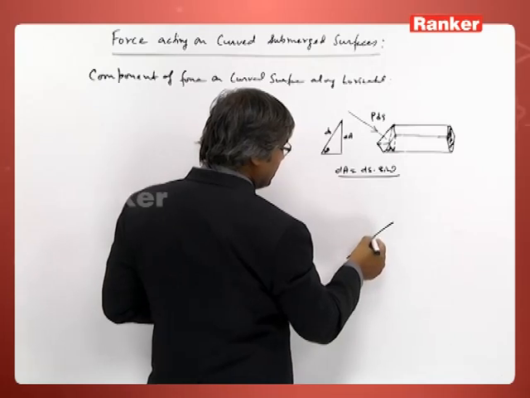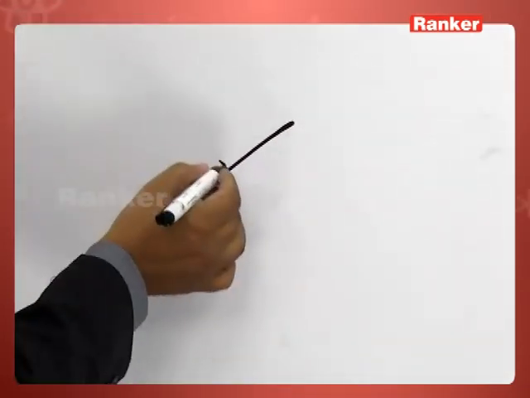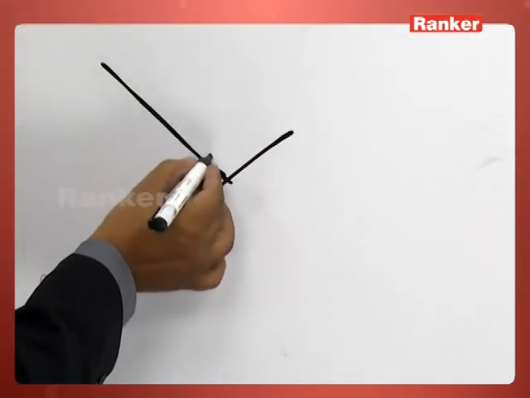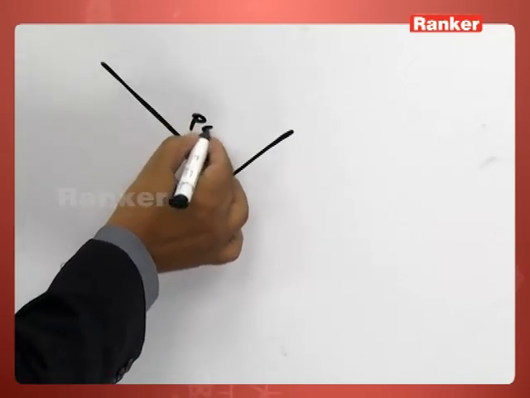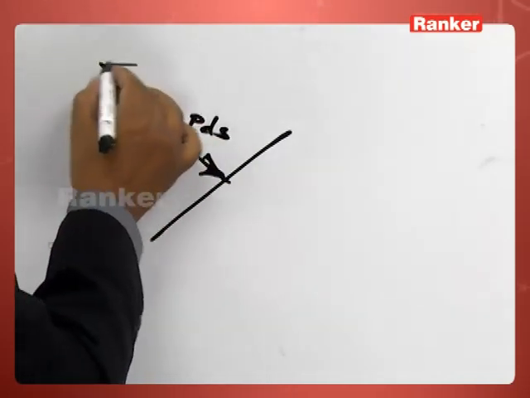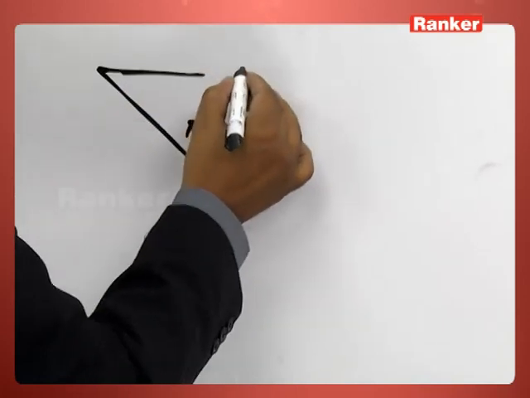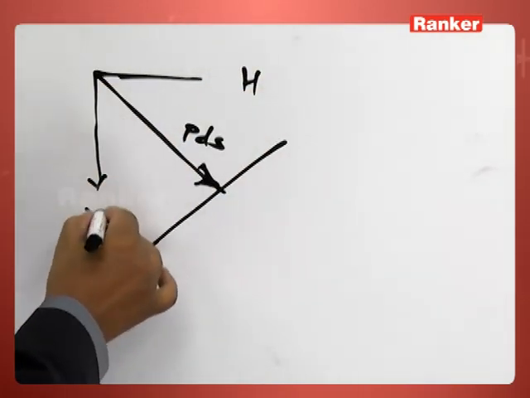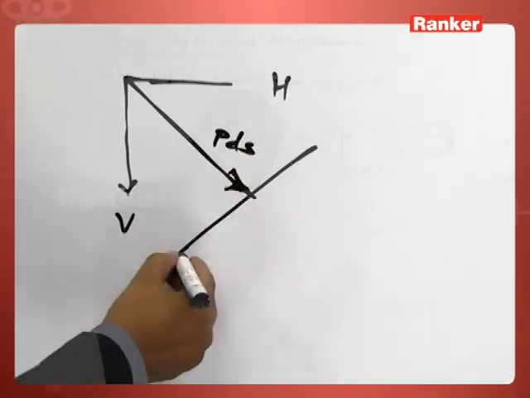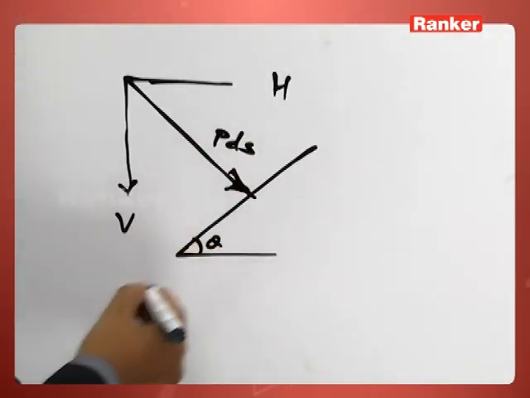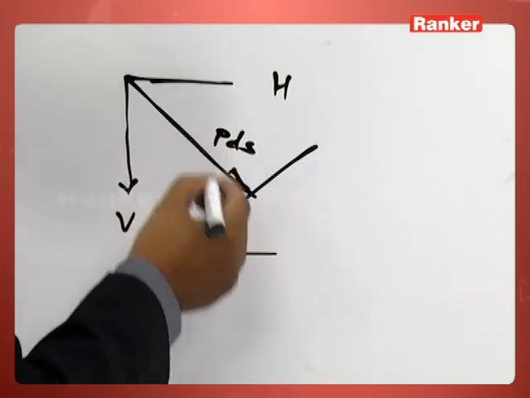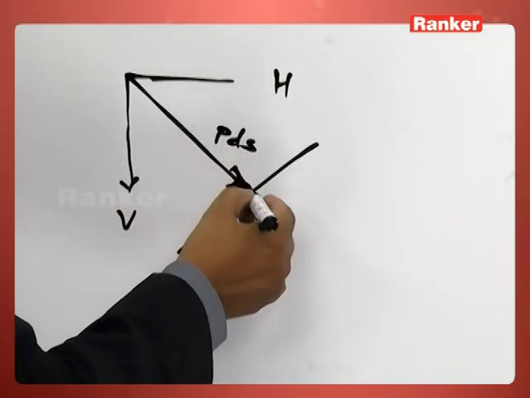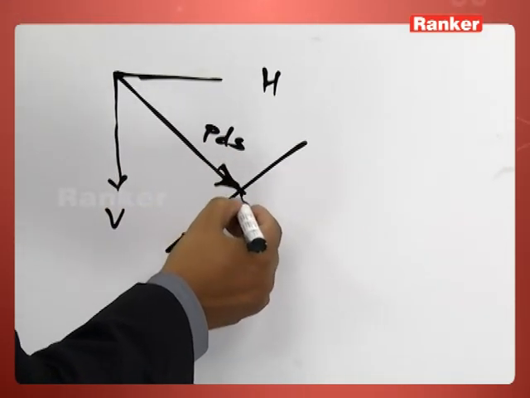Just drawing the trace of the curved surface, you have a pressure force P into ds acting. I am interested in the horizontal component, and this is the vertical direction. If this angle is theta, then this other angle is 90 minus theta.